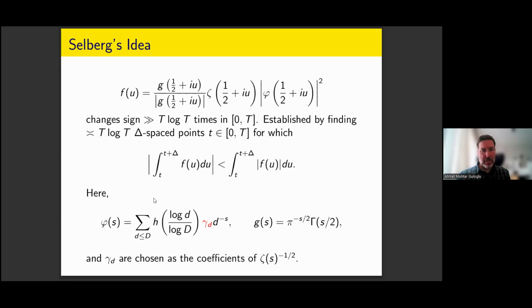So he wrote this sum, and the coefficients he chose exactly as the square root of 1 over zeta, so that when you square it, it should act kind of like 1 over zeta. That's the idea of modifiers. Basically, you want to get rid of the large values of this one by removing them with a modifier.